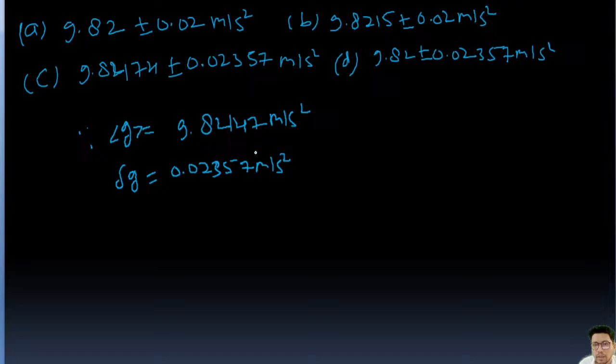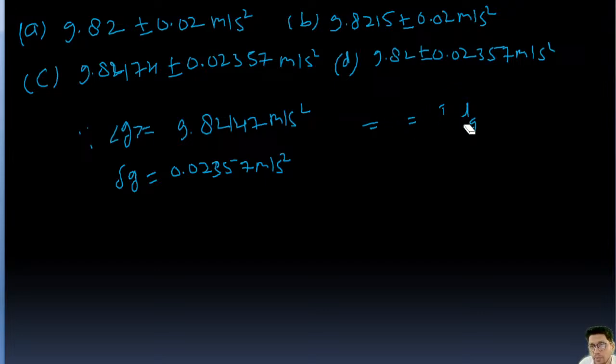Now we know that T equals 2 pi root L upon g for a simple pendulum. L and T are measured to three significant figures, which is given.